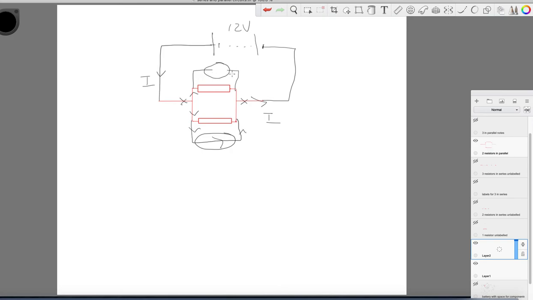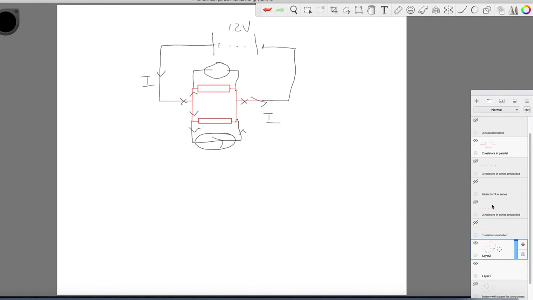None would go this way because this is really, really hard. A little bit will go this way and a little bit will go that way, because even though this is really, really easy, current can flow through these two, just not very much. So how much current goes through each of the branches just depends on how difficult it is to go through each branch. The easier it is, the more of the current will flow through that easier branch. That's how it works. So that's your potential difference, your voltage consideration.